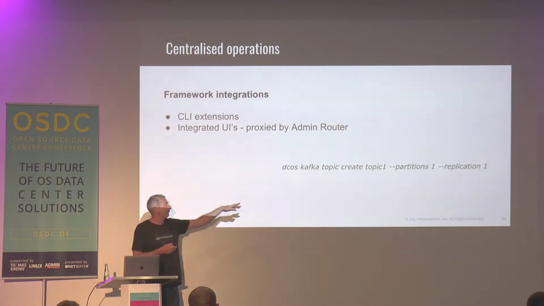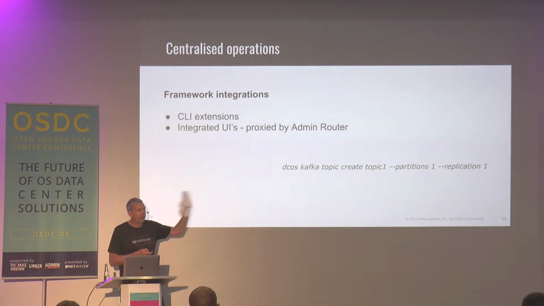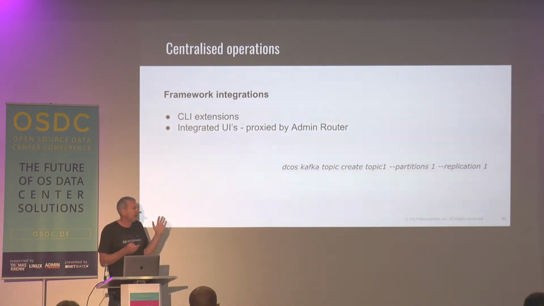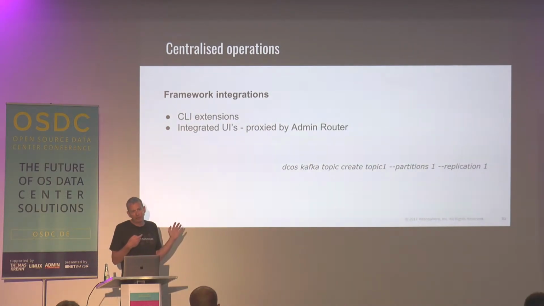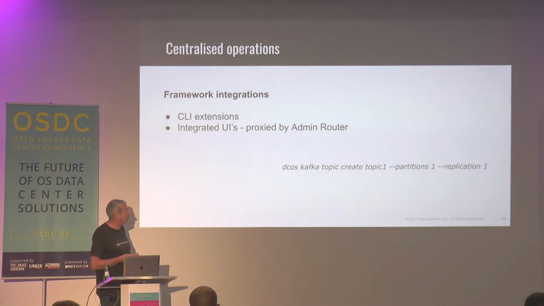This is an example, very familiar I'm sure to anybody who's used Kafka, of creating a topic in Kafka. Instead of switching to the Kafka CLI, the DCOS CLI configures itself, and you can just use it to do a lot of that operational work.